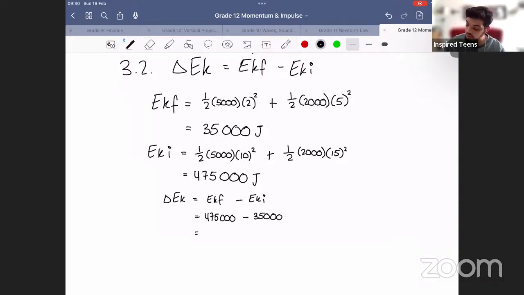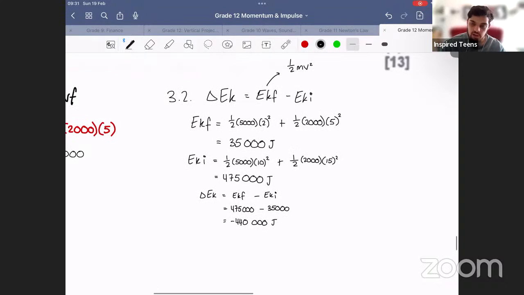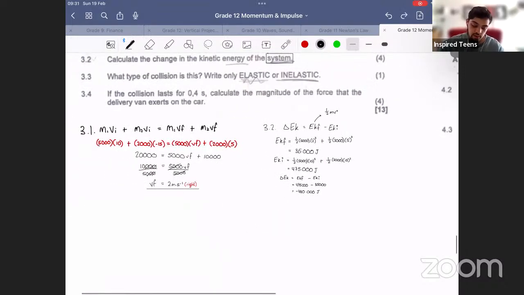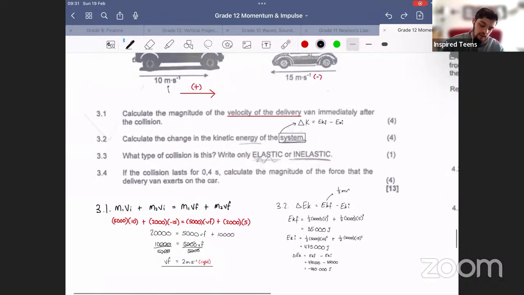When I do the calculation, I get negative 440,000 joules. This is the change in kinetic energy. It's not such a common question, but you have to just understand the logic of it. You have to know how to do kinetic energy, understand what is change, and then do the calculation.